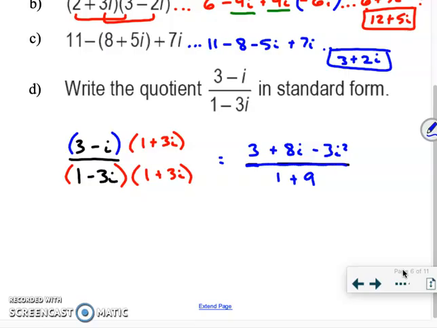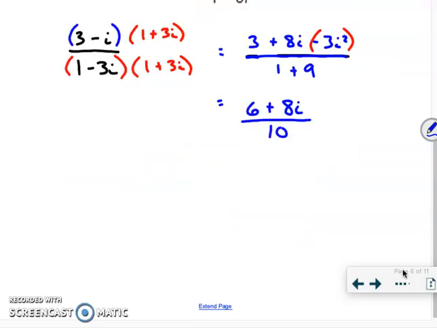All right, so now going about cleaning this up in the numerator. Again, we can do a little bit better than this. Negative 3i squared is really going to be equivalent to positive 3, plus the other 3 that we have is going to leave us with 6 plus 8i over, I know that 1 plus 9 is 10. So this seems like this should be sufficient, meaning that we're done, but we have to think about putting this in standard form, or reducing these fractions.